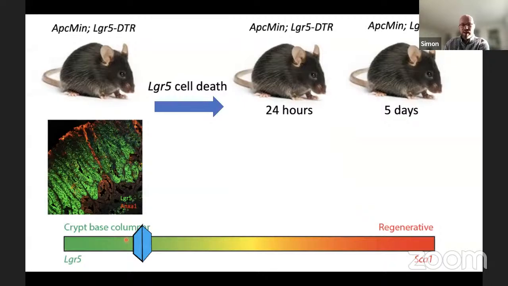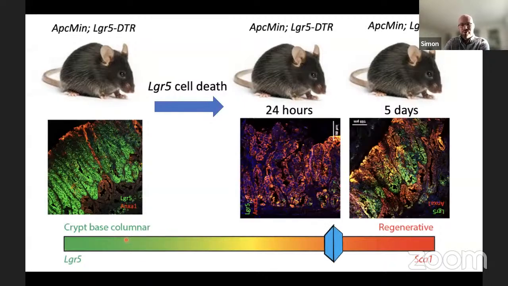And then over 5 days, that population shifts back. So you've got this dynamic adaptive response to a selective pressure: kill your stem cells, another stem cell population appears to allow the tumor to continue, and that population then leads to recovery of the original stem cell population within a period of 5 days.